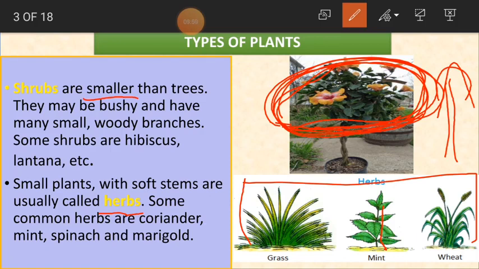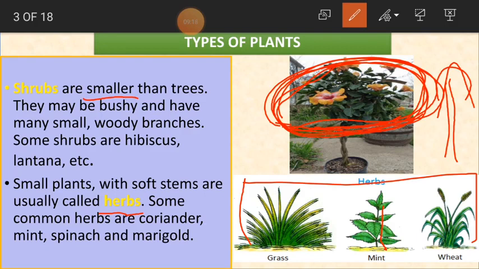Mint, the other name for mint is pudina. Even this we use in our daily cooking. Also spinach. Marigold flowers. Such types of plants are called herbs because they are very small and they have soft stems.